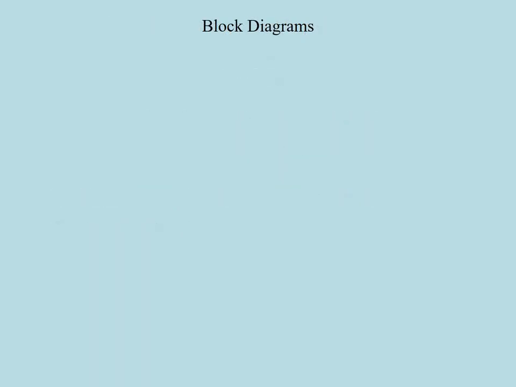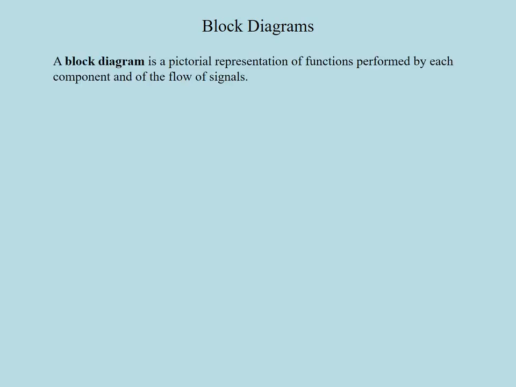Taking now the idea of using transfer functions as mathematical models of dynamic systems one step further, we will consider block diagrams. A block diagram is a pictorial representation of transfer functions belonging to each component in the system and of the flow of signals.